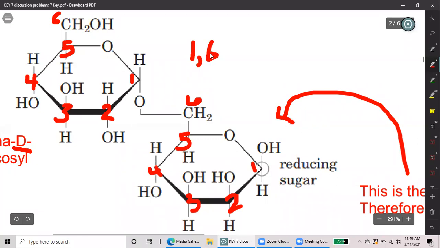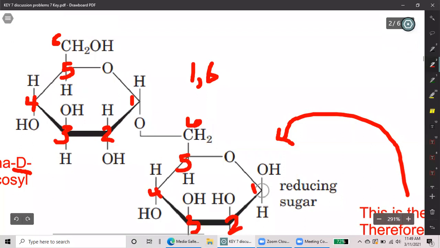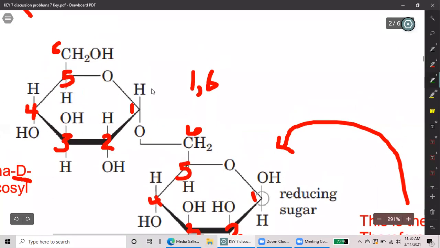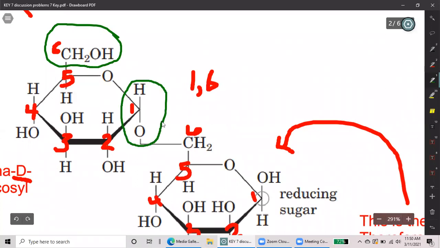Okay, now let's determine if this connection is alpha or beta. The important carbons to look at to determine if something is alpha or beta are carbon number 6 and this anomeric carbon. Okay, so this O used to be the OH.